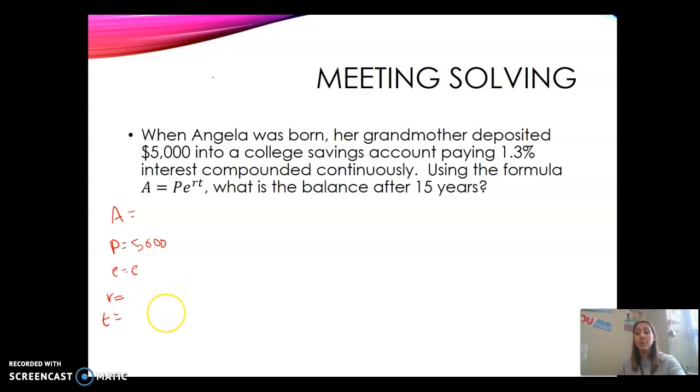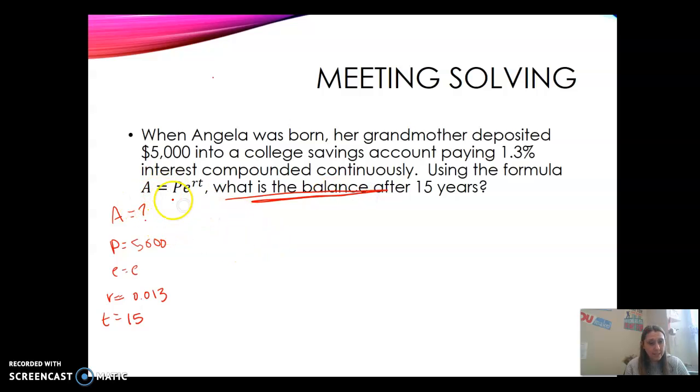While that is a decimal, it's not converted into a decimal. It's still a percent. So we need to divide 1.3 by 100. So we get 0.013. And then the time: what is the balance after 15 years? So 15 there. When it says what is the balance, that means I'm solving for A.